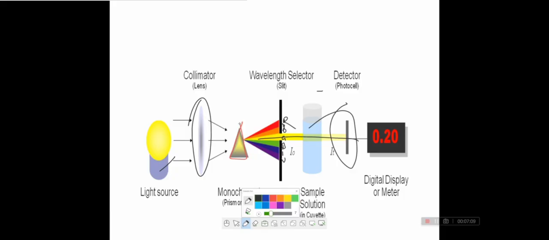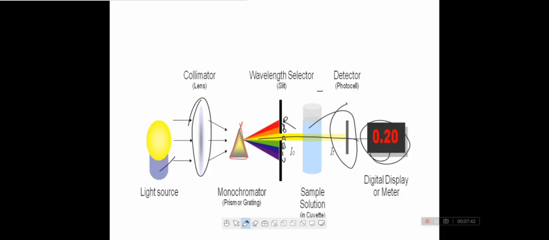And according to the intensity, the value will be given or displayed. The value will be displayed on a digital display meter. Clear? According to that value, we determine which type of light will be generated from the source.